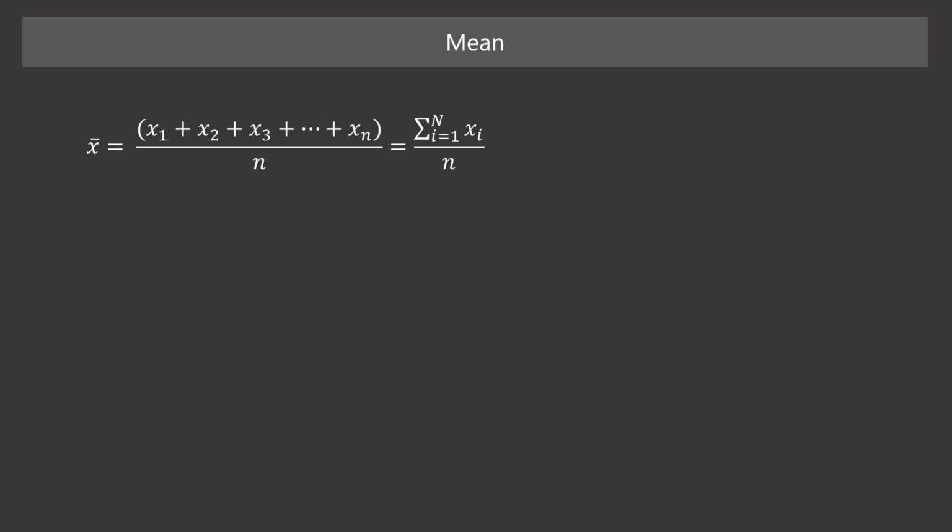A mean is an average value. It is calculated as the sum of all the values divided by the number of observations. Generally, the mean of a variable x is written as x bar. Using the Greek capital letter sigma, we can write the formula more concisely.